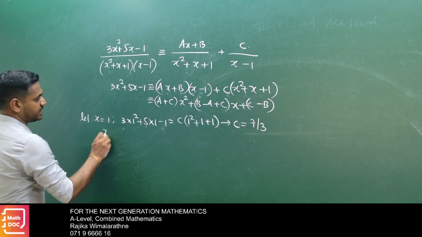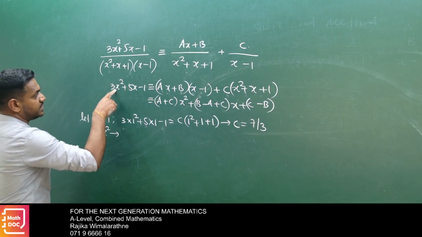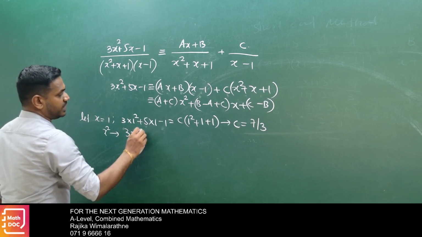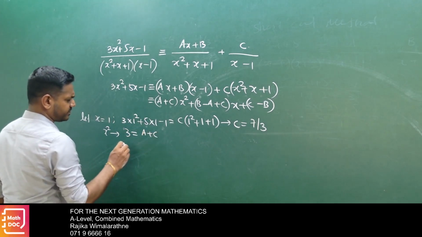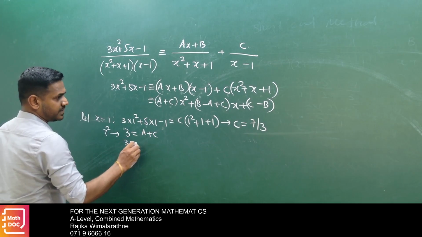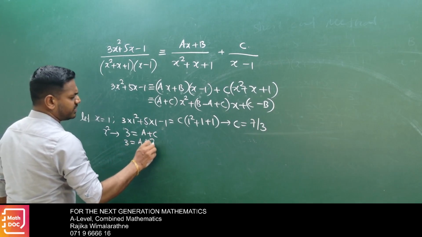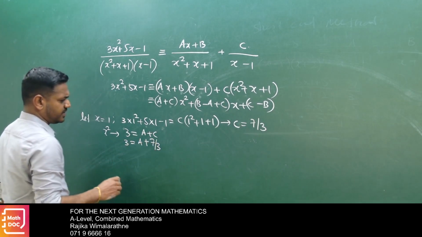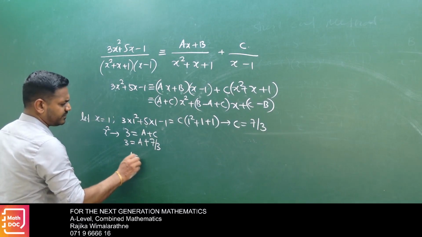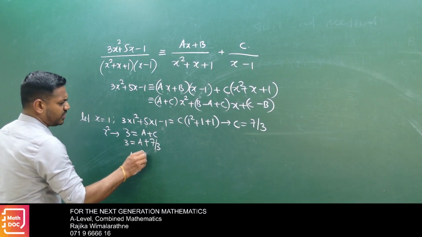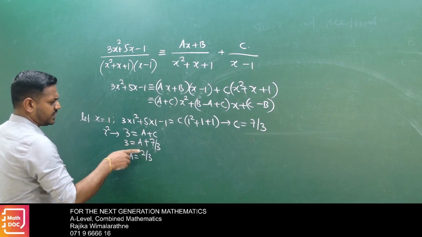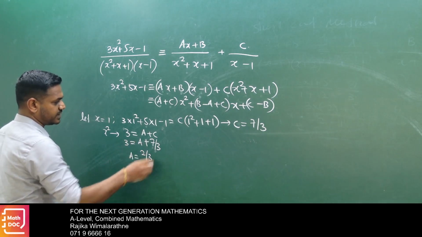Now equate coefficients. The x squared coefficient: 3 equals a plus c. Then a value is 2 over 3, since 9 minus 7 is 2 over 3.